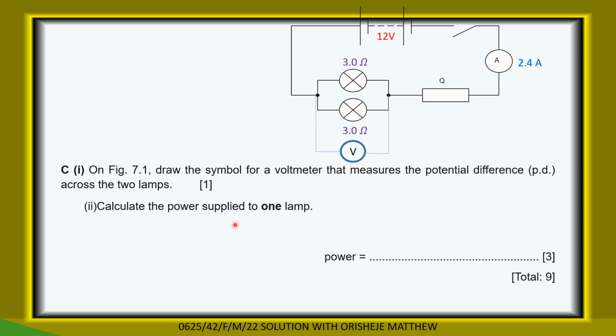Calculate the power supplied to 1 lamp. What is the power? Power is equal to the current multiplied by the potential difference across the lamp.